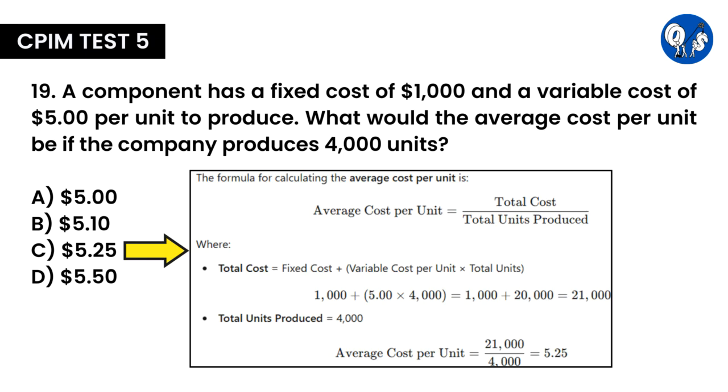Here the correct answer is C. In order to calculate average cost per unit, we are going to use the formula total cost divided by total units produced, where total cost can be calculated by adding fixed cost and variable cost. As you can see, the total units produced are already mentioned in the question, that is 4,000. So we have calculated 21,000 total cost and we will divide it by 4,000, that is our total units produced, which will give us 5.25, making option C correct.